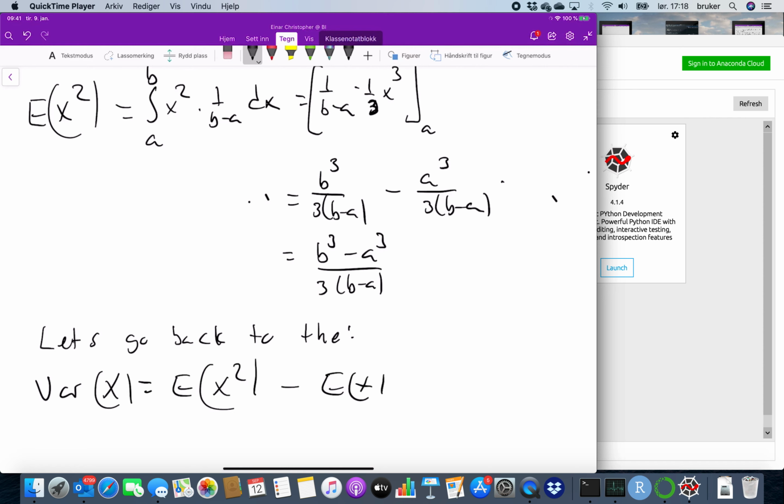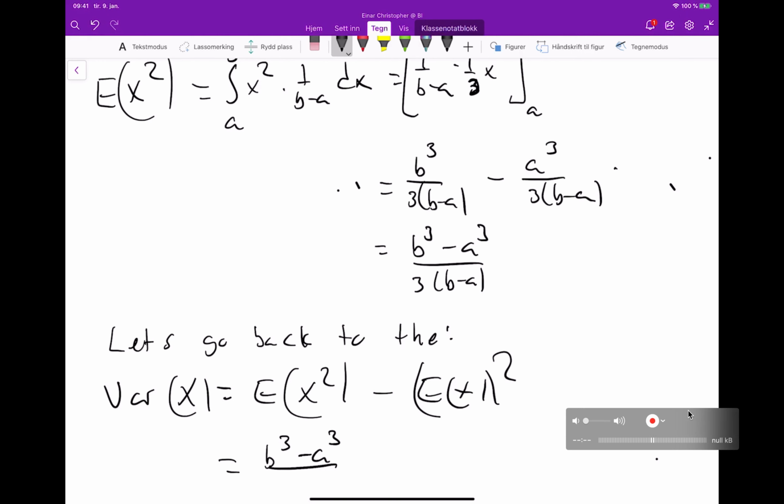And then this first one, we know that this is b in third minus a in third divided on 3 times b minus a.